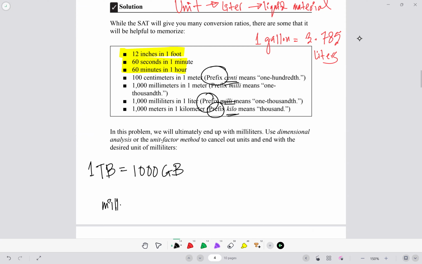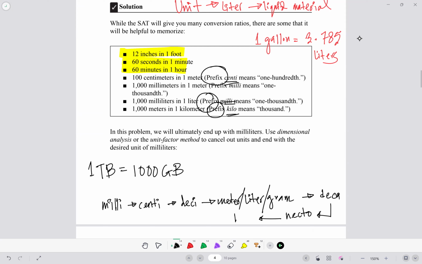Milli, centi, deci, liter, gram. Then deca, hecto, kilo, mega, giga, and this is tera.